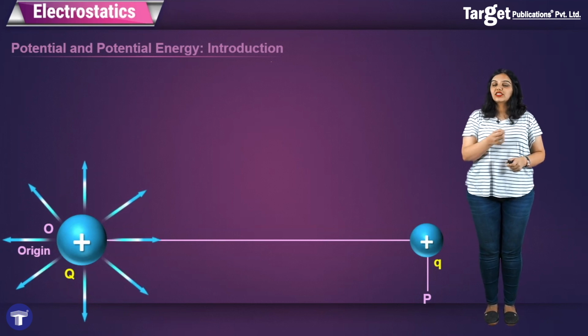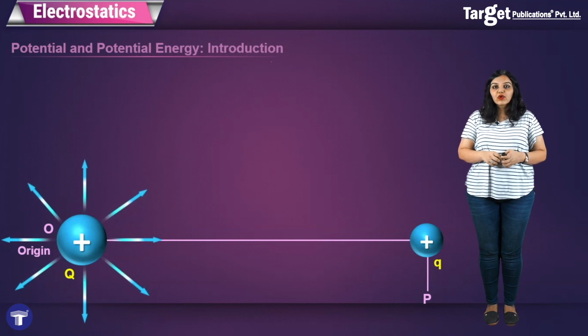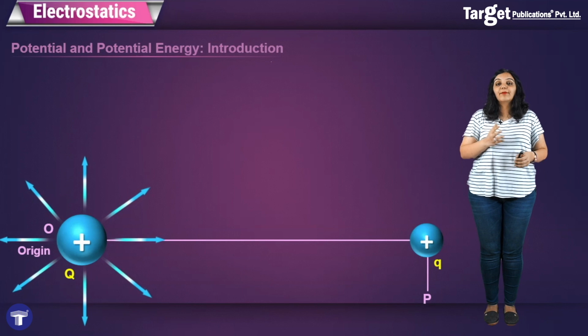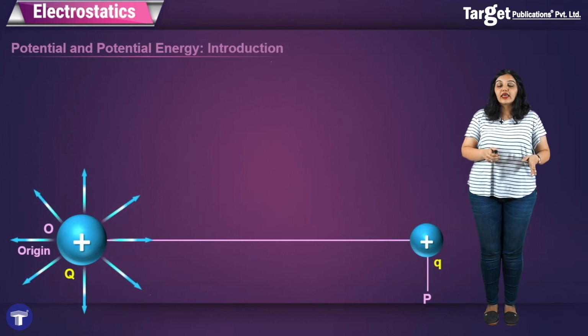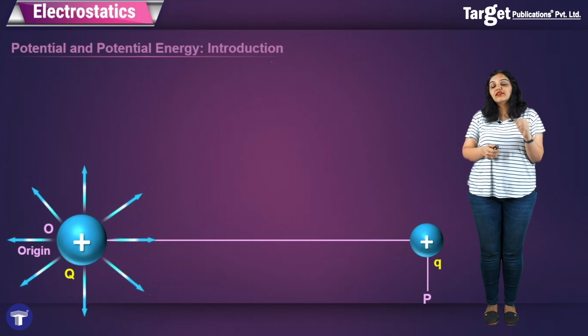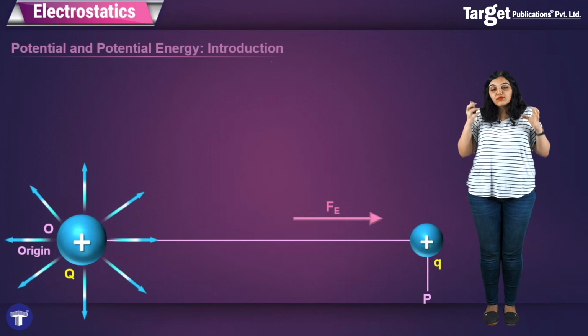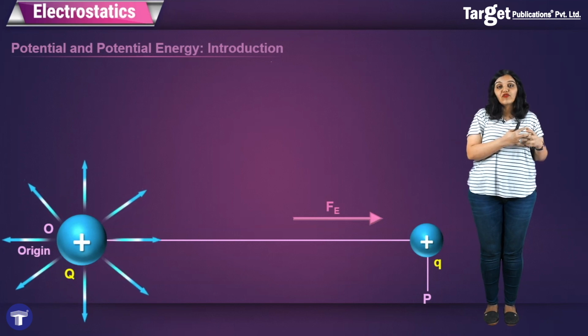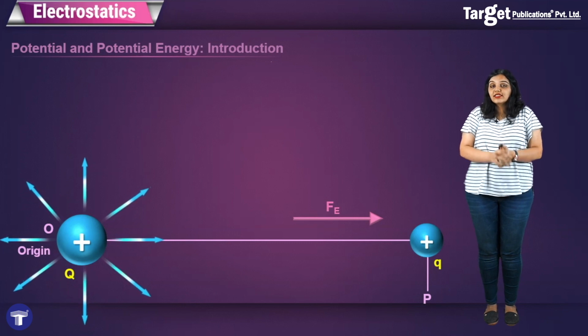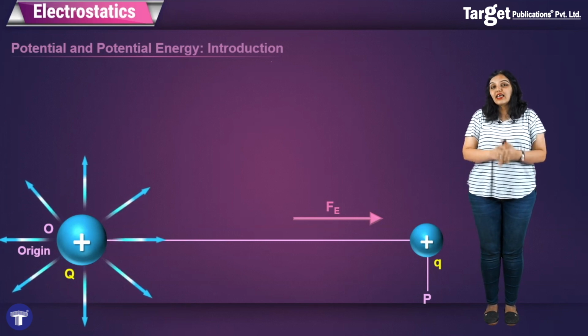Now remember, this charge that I am bringing, the small charge q, is very small as compared to the charge which is creating the electric field, that is, as compared to capital Q. What am I trying to say? I'm trying to say that when you try to bring this small charge close to this bigger charge, we know that this small charge will experience a force of repulsion. And this force of repulsion is created because of the force exerted by the electric field, that is Fe.